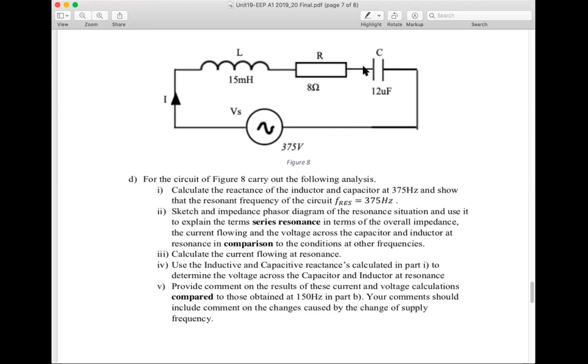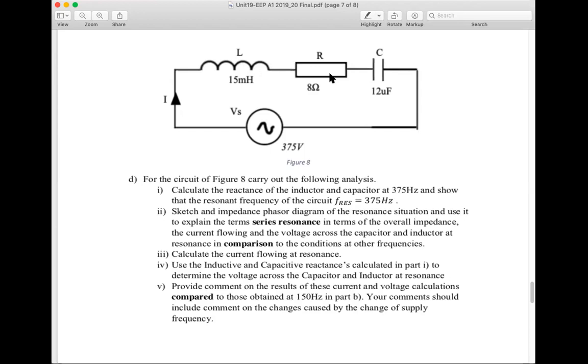are exactly the same. So I'm gonna turn it into an example where I pick some figures. At resonance, if XL was 1,000 ohms, XC would also be 1,000 ohms.